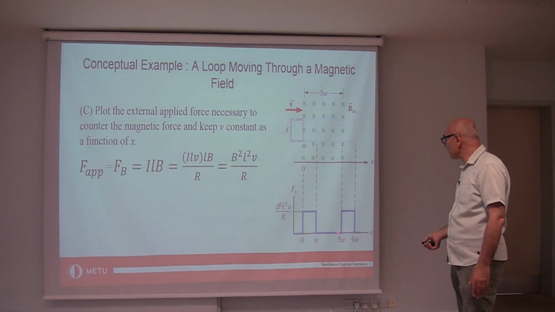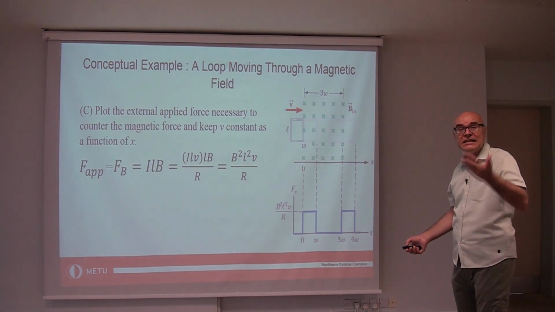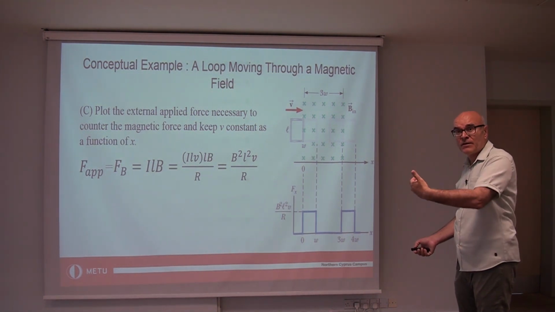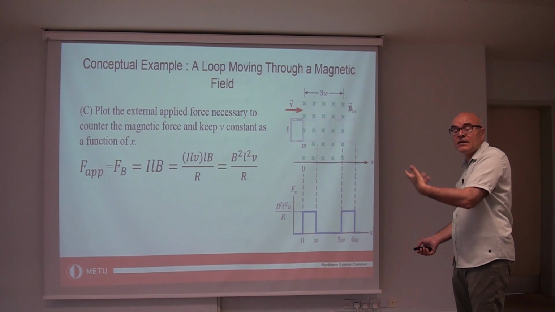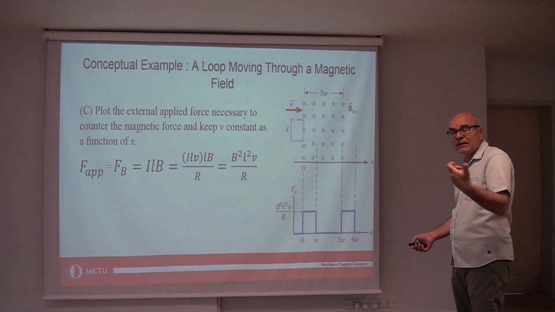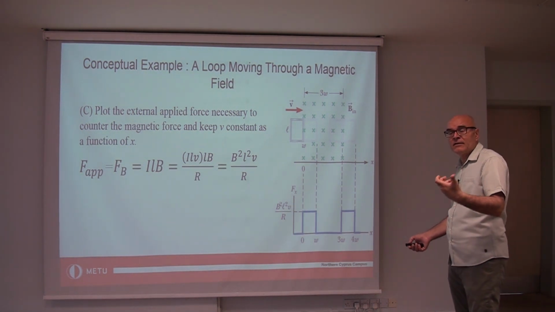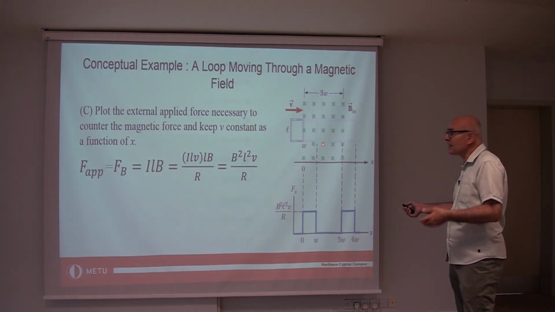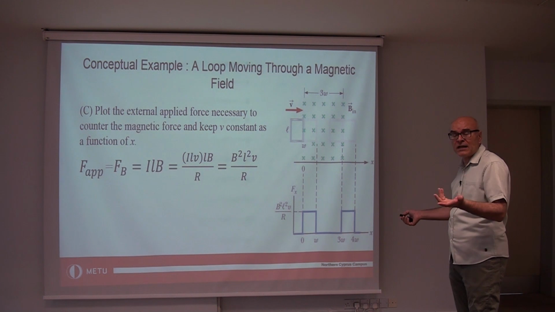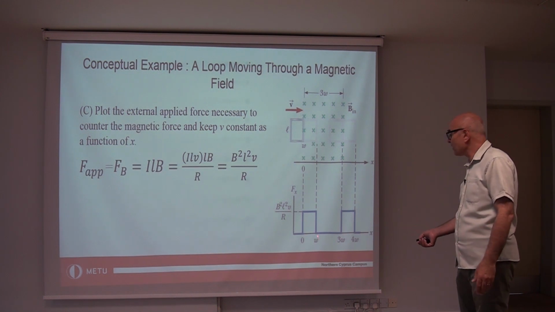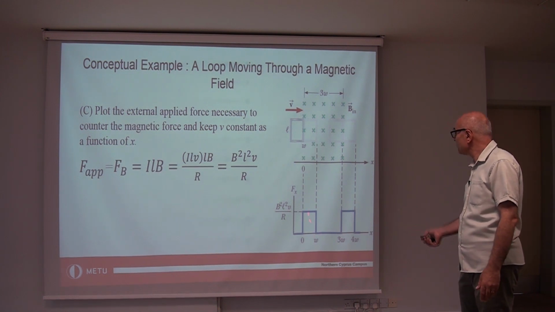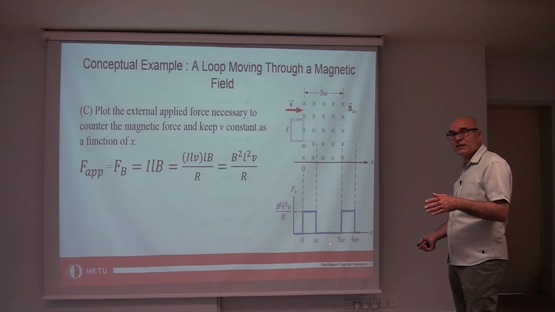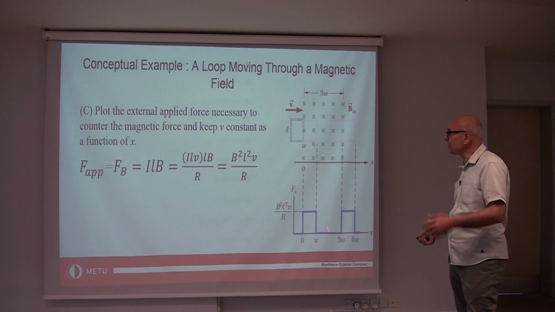Therefore, you don't need an applied force to keep it moving with velocity v, because if it already has that velocity, it will not be resisted by a magnetic force, because that force doesn't exist: there is no electromotive force and no current. So between omega and 3 omega here, the magnetic force, and therefore the applied force, is 0.